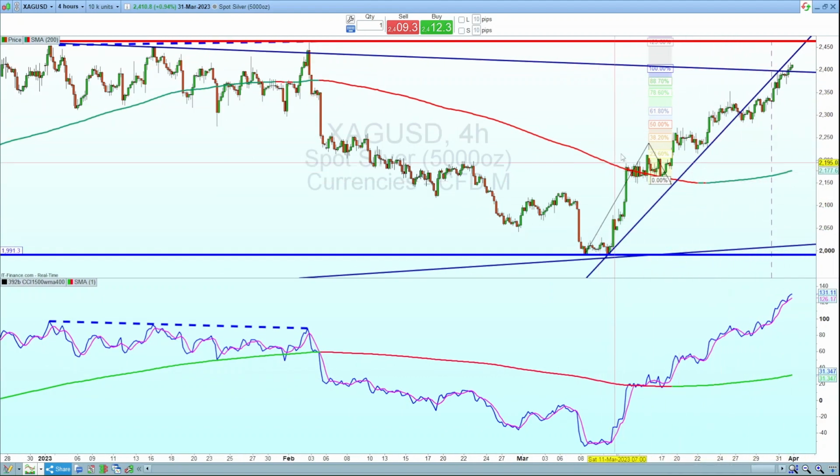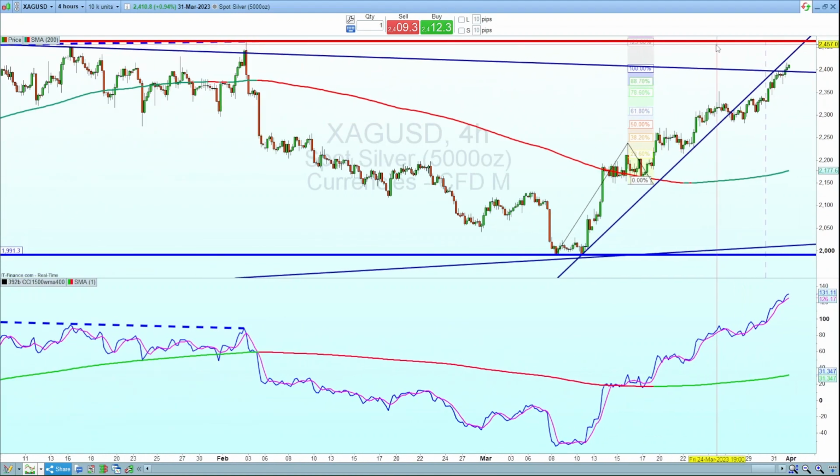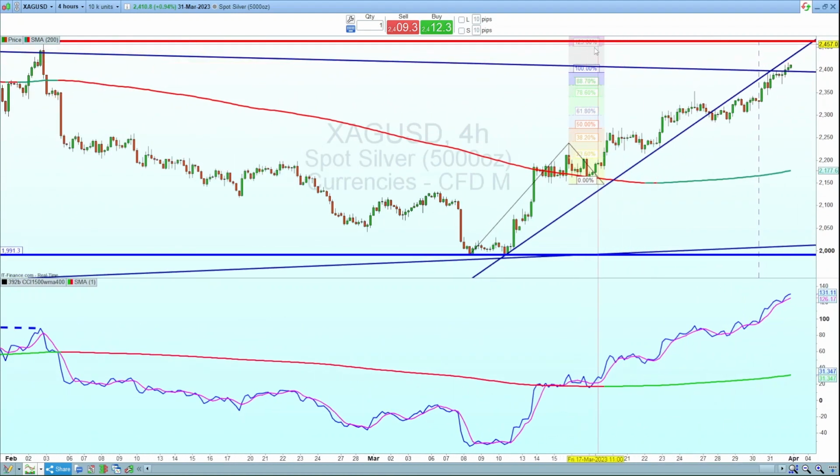I've also done a Fibonacci extension here between that range and the pullback, and that key resistance area we spoke about earlier is hitting that 123% extension, so just be mindful of that. We want to see it break. It may possibly bounce from here, or it may bounce from that red resistance area.